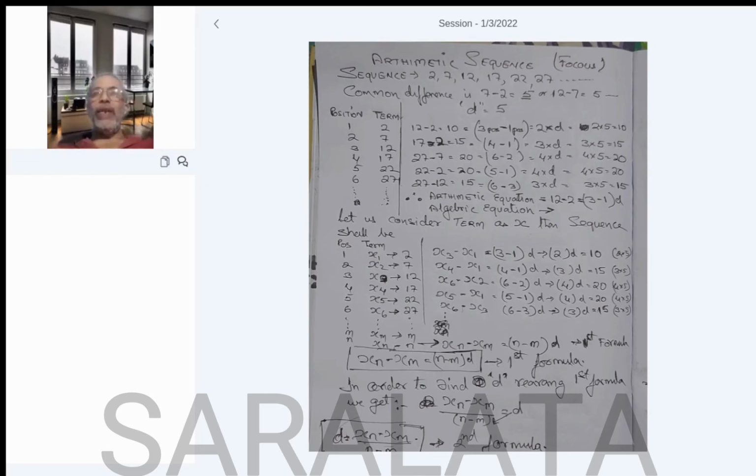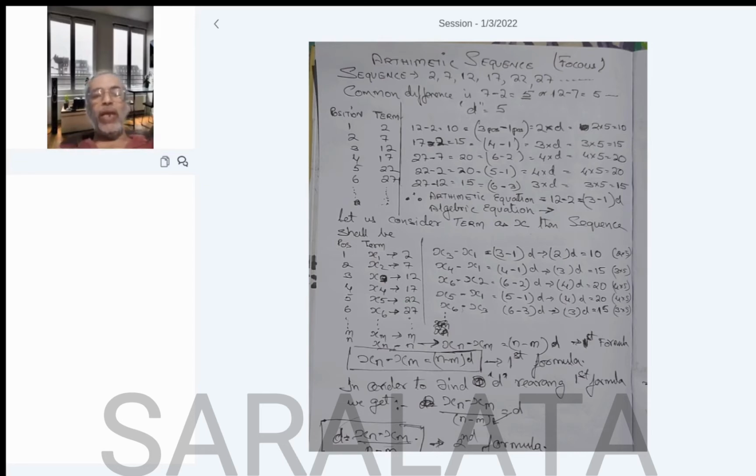Now, if I take this as an equation, that is, if I do the same thing, but instead of 12 and 7, I put it as x2, minus, so x3 minus x1.